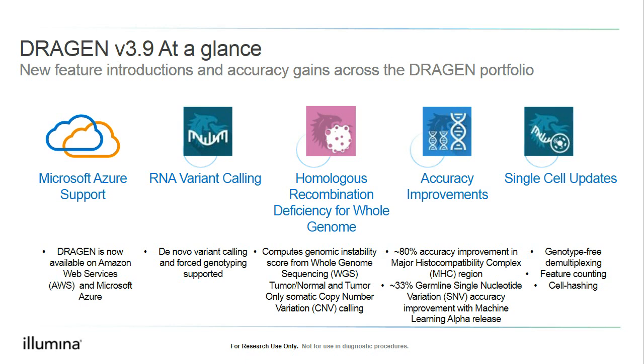So we'll cover some accuracy improvements that we have done on the Germline side. And another application that we are investing quite a bit in so that our customers who are using our platform can also take advantage of is the single cell pipeline. And so we have some new features that we have introduced on the single cell side that we feel would be valuable to some of you.